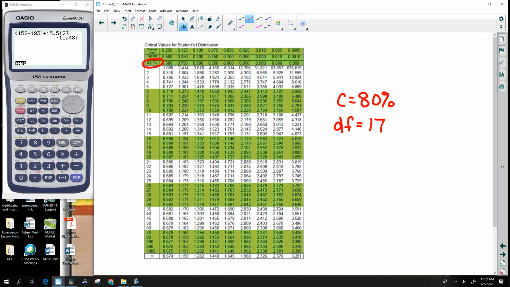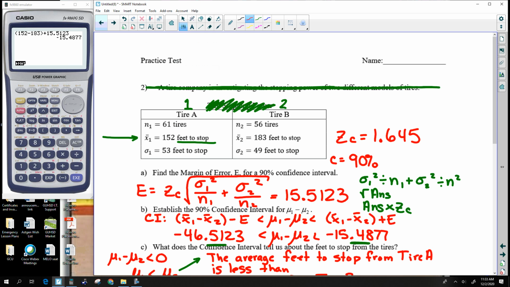So the df, aka the degree of freedom, is 17, and the confidence is going to be 80%. Where these things intersect is the tc. So those two things intersect at a value of 1.333. 1.333 is our tc.